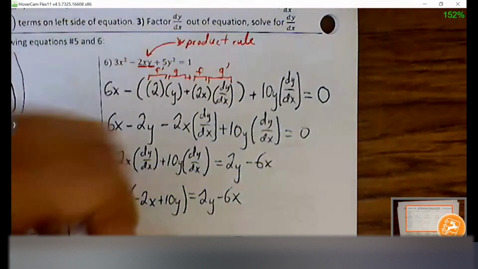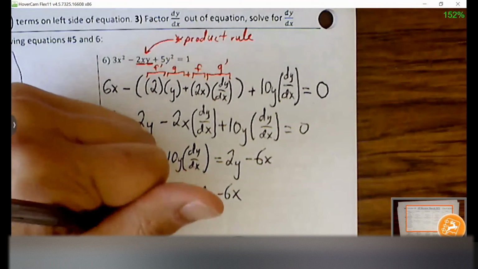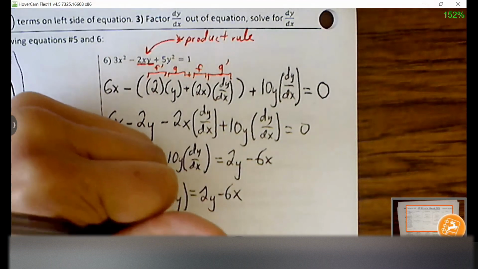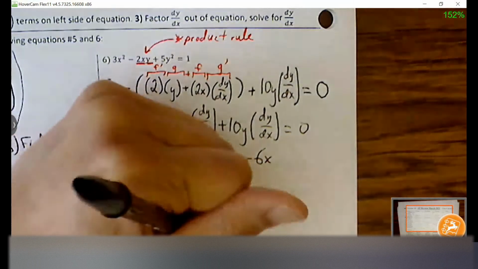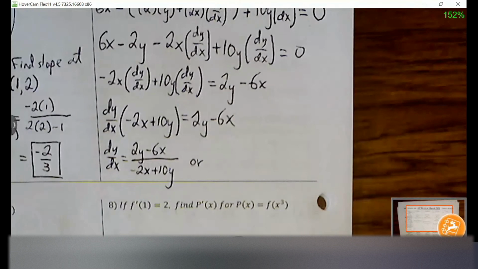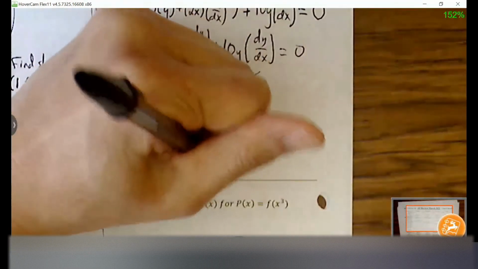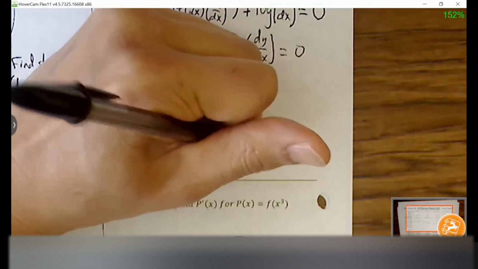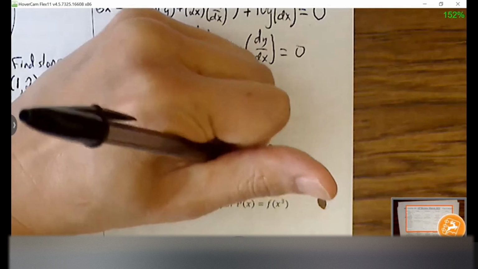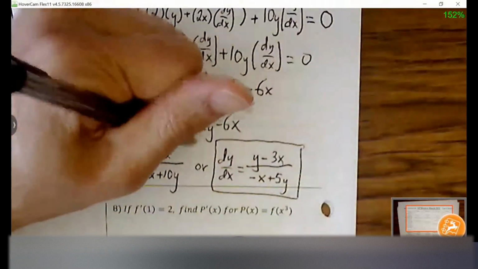Divide the parentheses over. Okay, that's fine, or you can factor 2 out and then reduce even further. Yeah, either is fine.